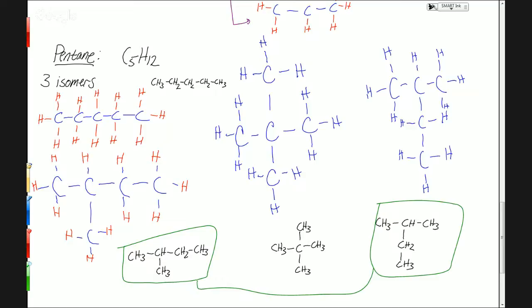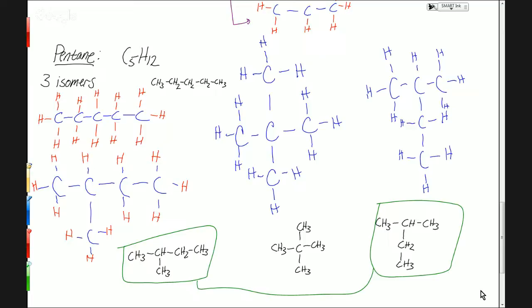It takes a little while because you have to build a model and stuff. Another way to do it is to look at the structure itself, to think about how to describe it. You could say, well, this one has a CH with 2 CH3s coming off of it, and then CH2, CH3 on the other side. And this one also has CH with 2 CH3s coming off of it, and then a CH2, CH3. So there's no official procedure to say this is how you figure out that this one is the same as this one.